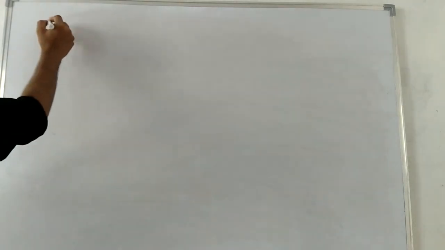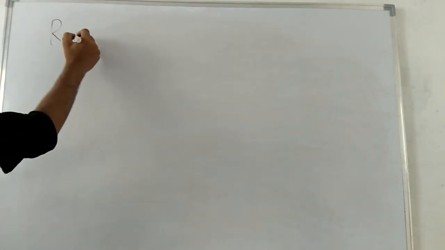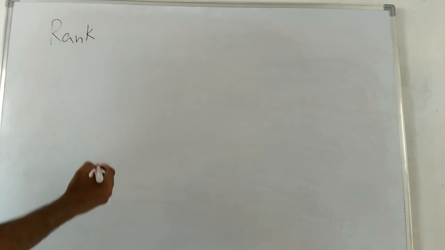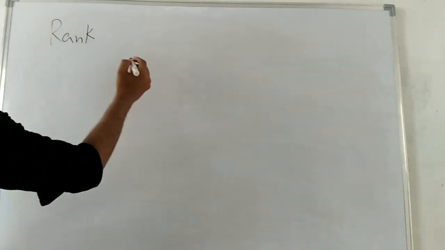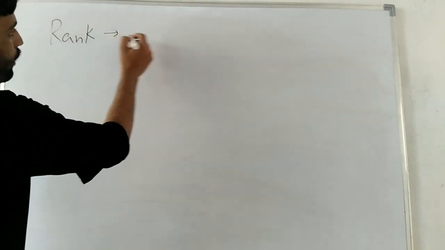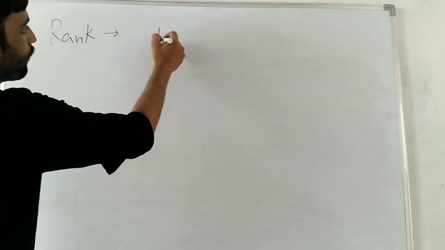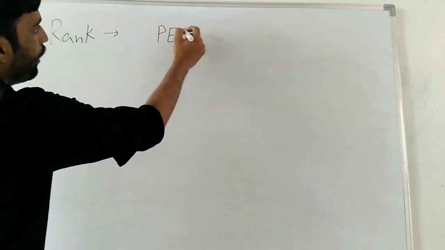In the next question, we will see how to find the rank in the dictionary made by using the letters of a given word. In this question, we have the given word PEN.